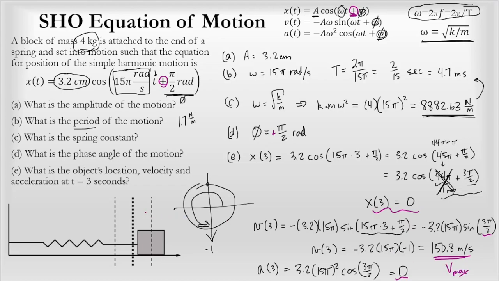At t equals 3, I'm at the equilibrium position right here, and I'm moving in the positive direction. That's what my V max says. I end up with a positive sign, so I'm moving in the positive direction. There's no displacement and there's no spring force. There's no acceleration because I'm at the equilibrium position.